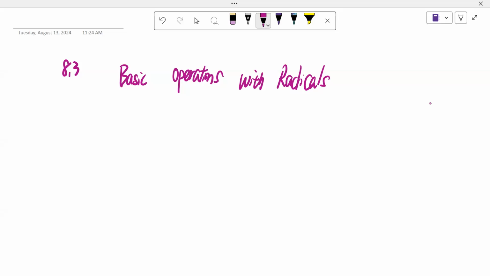So start with the addition and subtraction, right? But before we do that, let me just go over some of the properties we already went over earlier, but it's kind of like reverse properties we talked about earlier. First one is we look at the square root of a times square root of b, we turn into one square root of ab.